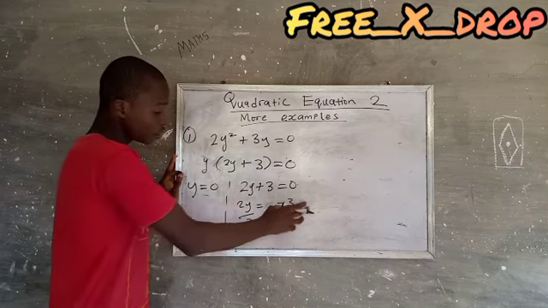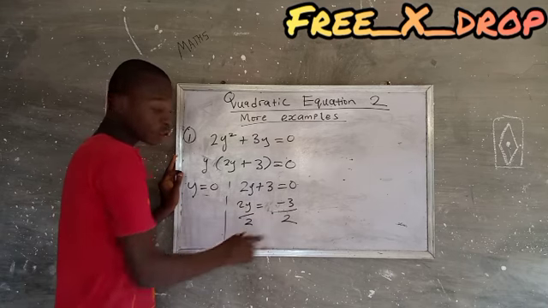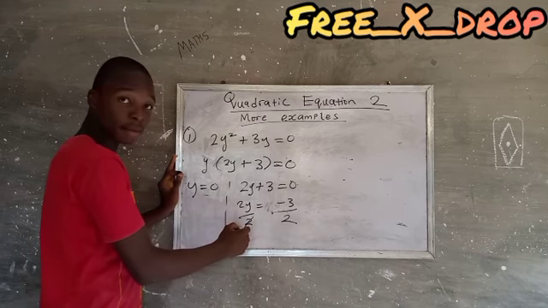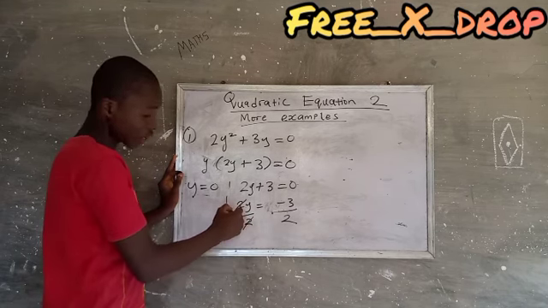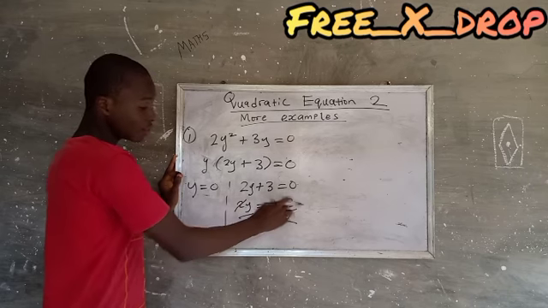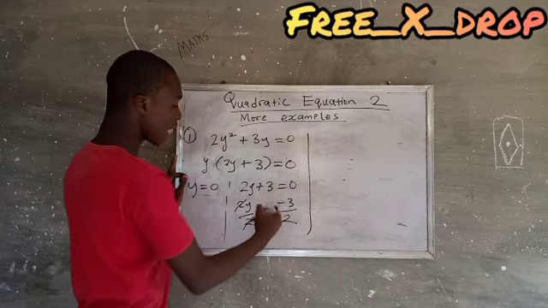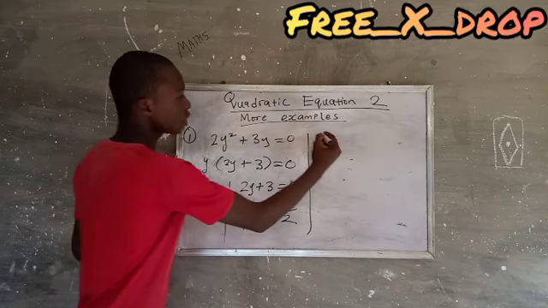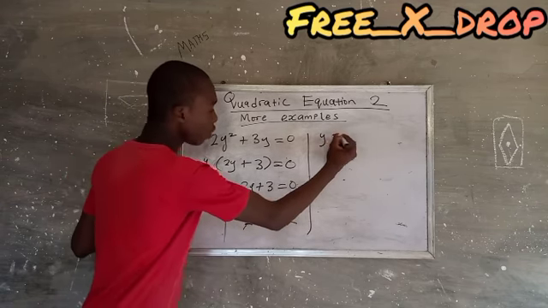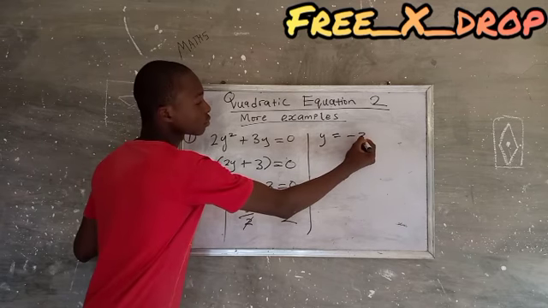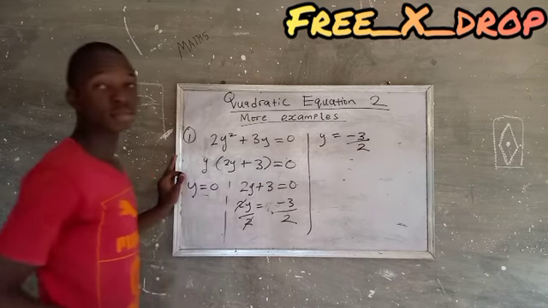So now you see this divided by 2, divided by 2. The 2 here cancels the 2 here. Now this is minus 3 over 2. So what will you have finally for this part? You have y remaining here equal to minus 3 divided by 2.